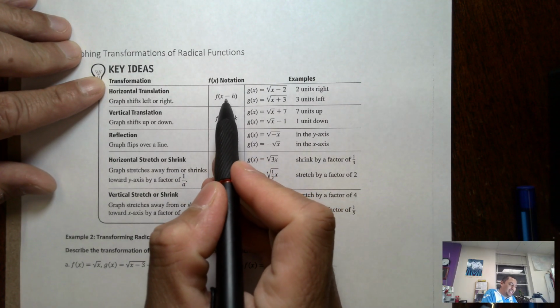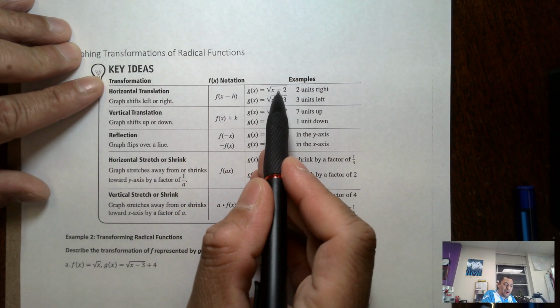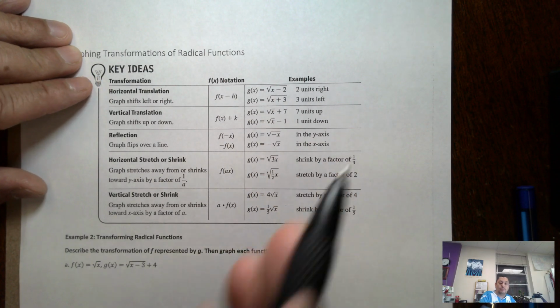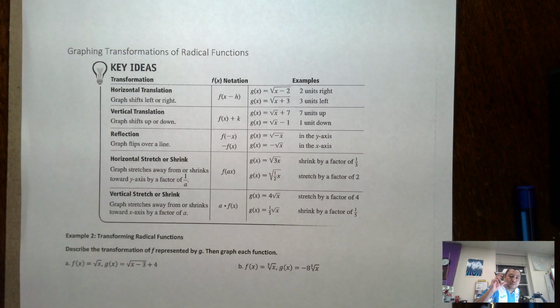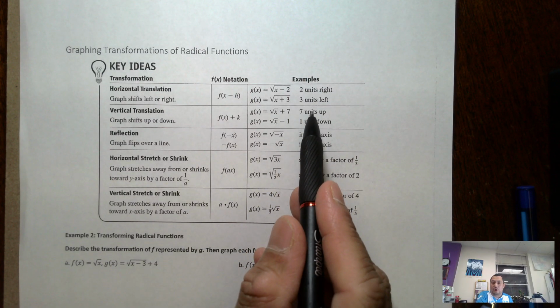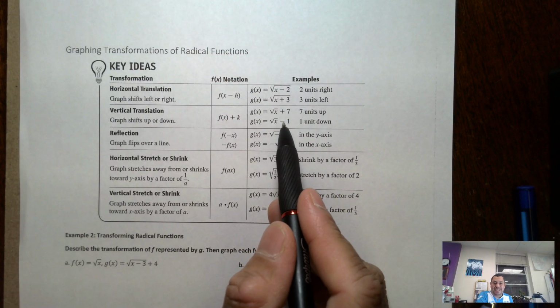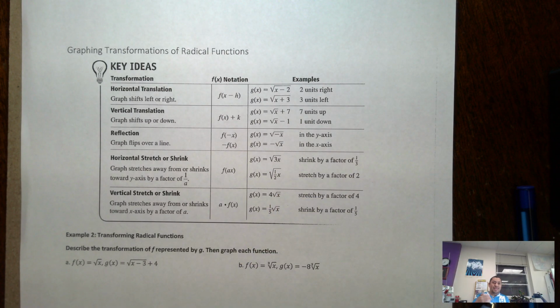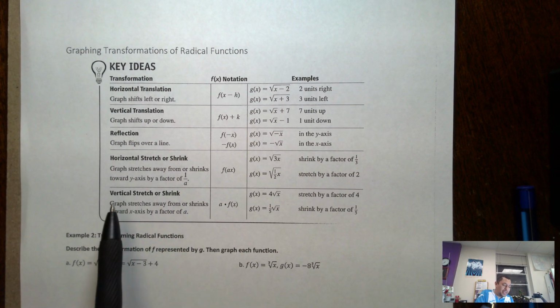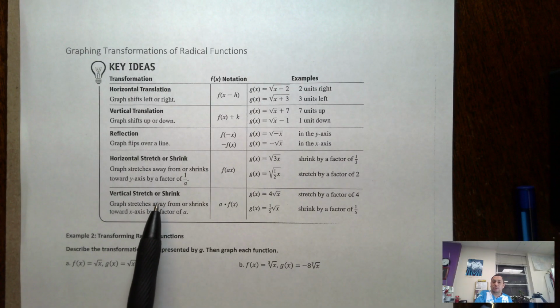If I have x minus h, a negative number moves to the right, and a positive number moves to the left, so it moves in the opposite direction of the sign given to us. Vertical translation is the opposite: if the number is positive, we go up, and if it's negative, we go down. Then we have reflection, horizontal stretch or shrink, and vertical stretch or shrink.